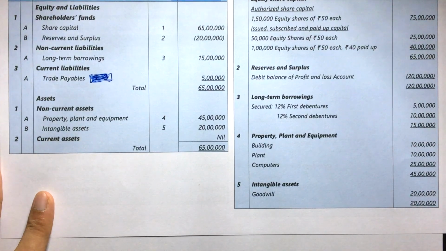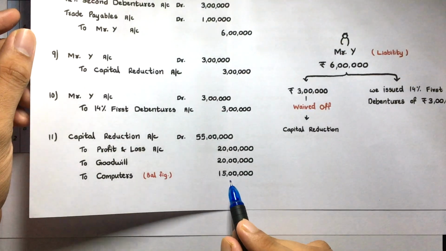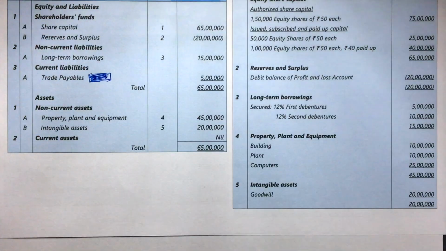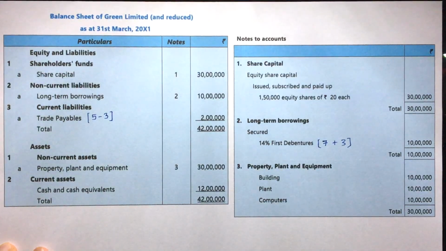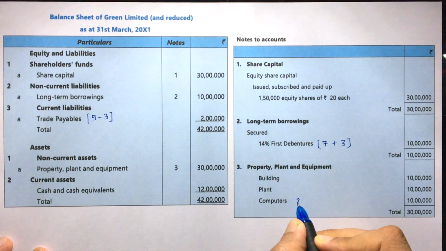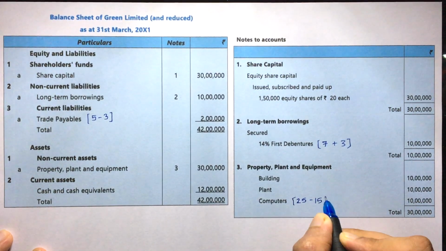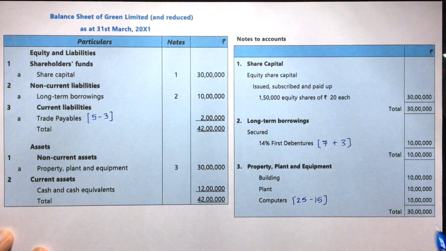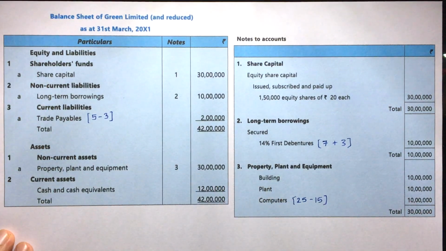You all know in the big entry, we have written off the computer by 15 lakhs. So that much we will subtract. 25 was there in the old balance sheet, so 25 minus 15, that is equal to 10 lakh. Do you understand? In total, PPE is how much? 30 lakhs. Okay, understood.